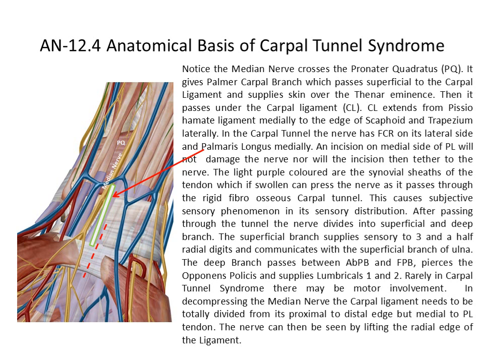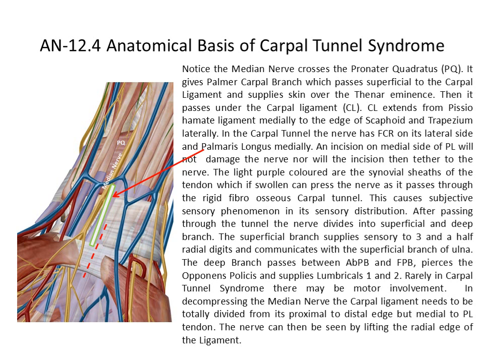The nerve then passes under the carpal ligament, which extends from the pisohamate ligament medially to the edge of the scaphoid and the trapezium laterally. The nerve has flexor carpi radialis on its lateral side and palmaris longus on its medial side. So an incision on the medial side of the palmaris longus will not damage the nerve, nor will the scar then tether to the nerve after you stitch it.